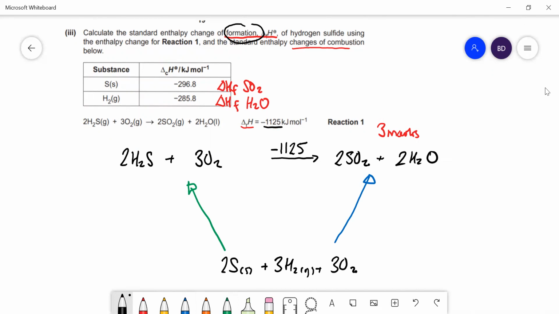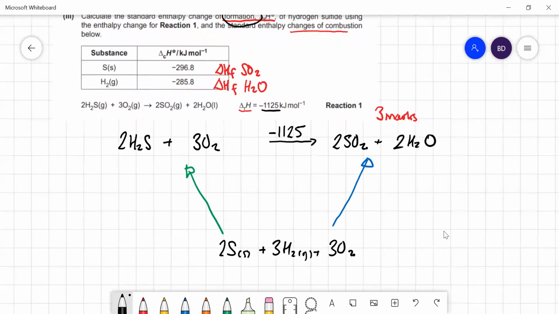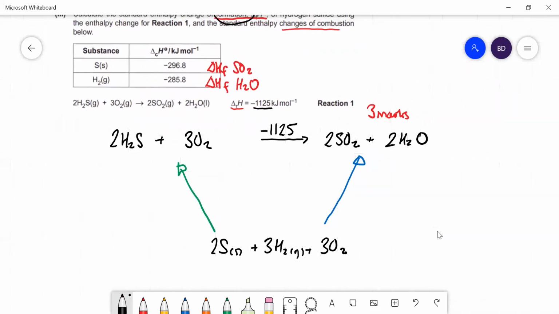Okay, now let's fill in the numbers on the arrows. So let's look at the blue arrow first of all. What we're doing there, we're forming 2 moles of sulfur dioxide. So we need 2 times that value there, 2 times minus 296.8. And we're also forming 2 moles of water, H2O. So we need 2 times that value, 2 times minus 285.8.